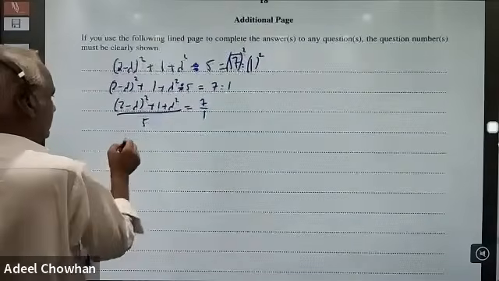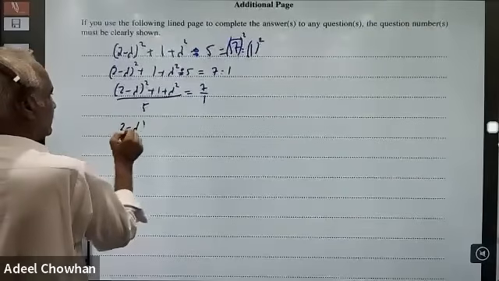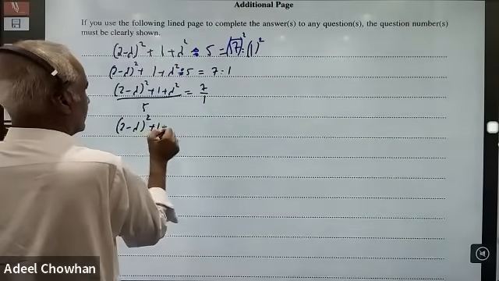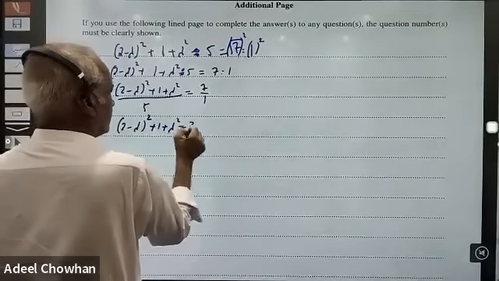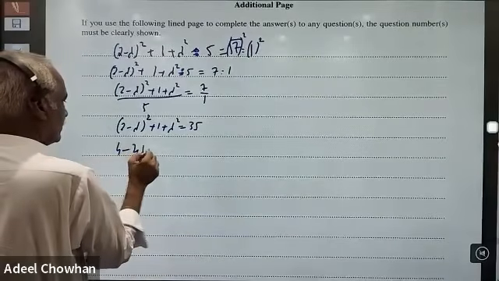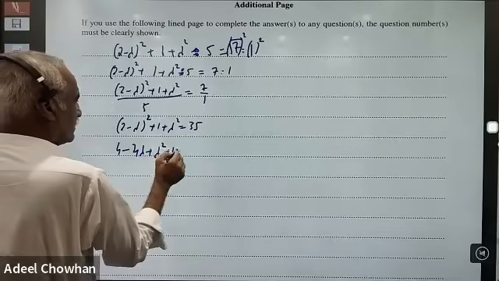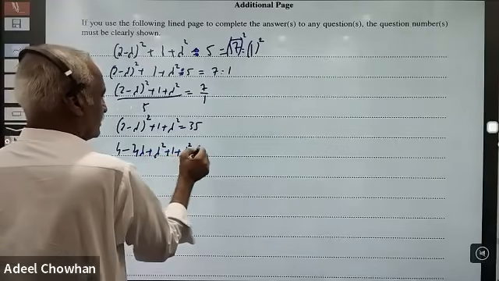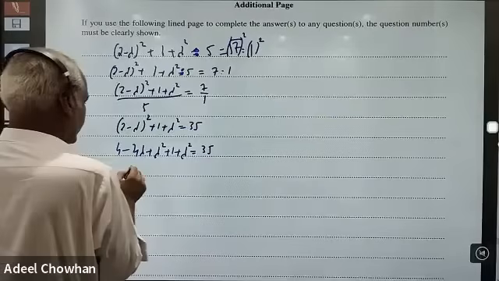Or this will become (2 minus lambda) squared plus 1 plus lambda squared is equal to 35. Or 4 minus 4 lambda plus lambda squared plus 1 plus lambda squared is equal to 35.